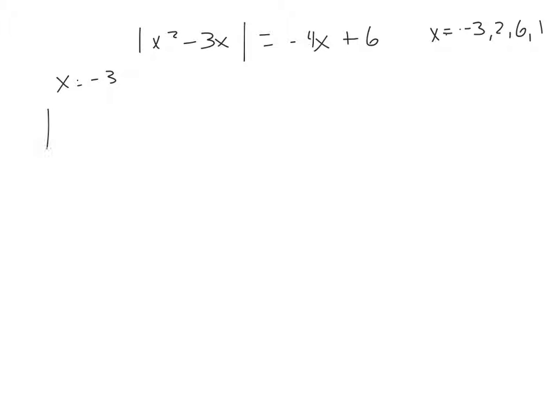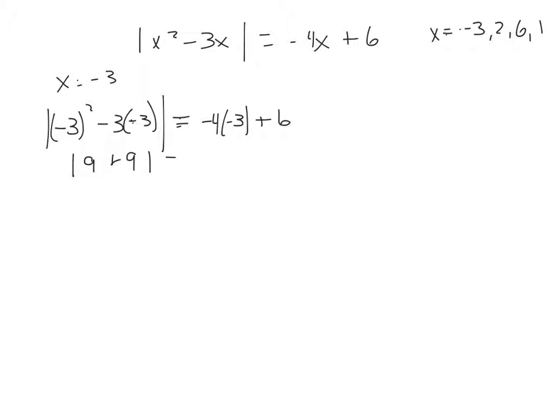I've got the absolute value of negative 3 squared minus 3 times negative 3 equals minus 4 times negative 3 plus 6. Absolute value of 9 plus 9 equals negative 12 plus 6. Positive 12 plus 6. 18 equals 18. So x equals negative 3 works.